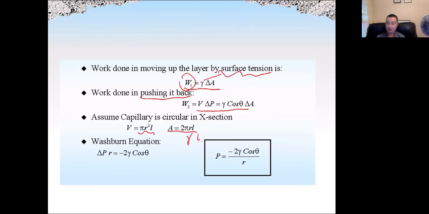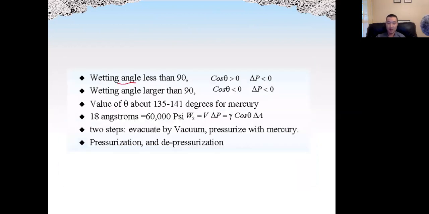Cosine theta is the contact angle of the surface of the liquid, also called the wetting angle of the material with the liquid. Depending on the type of liquid, the theta or contact angle will be around this range for mercury.